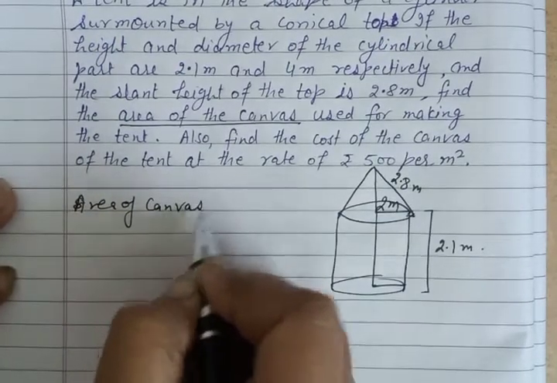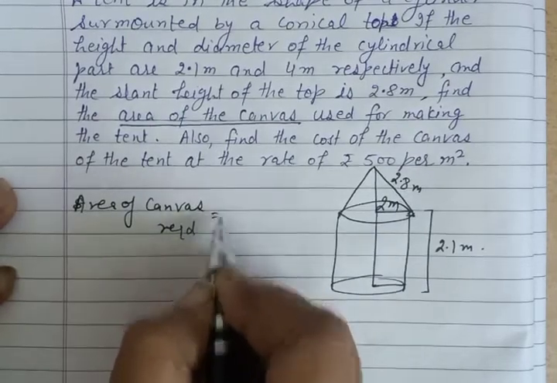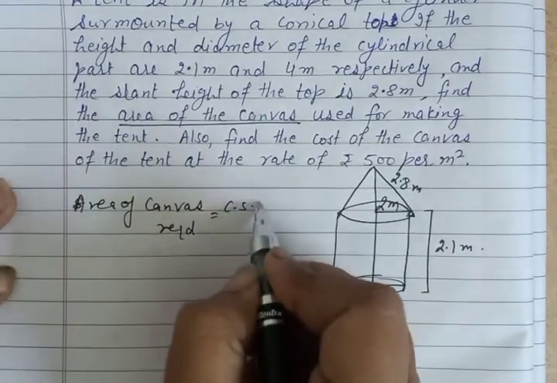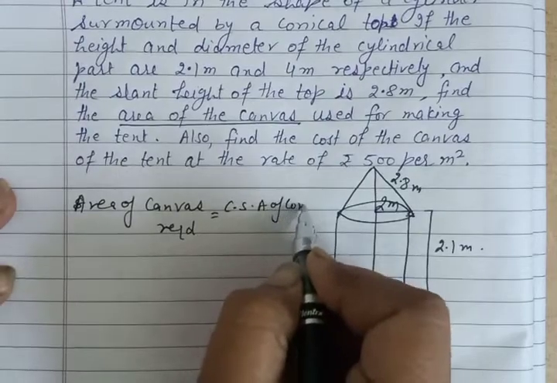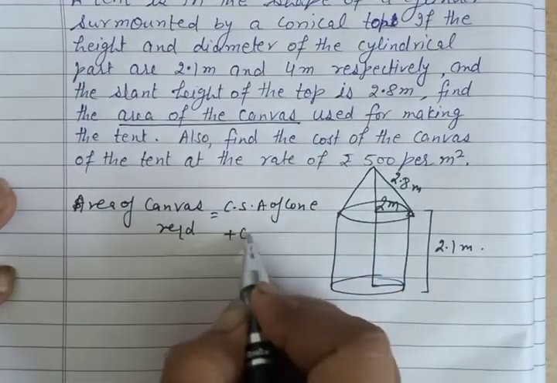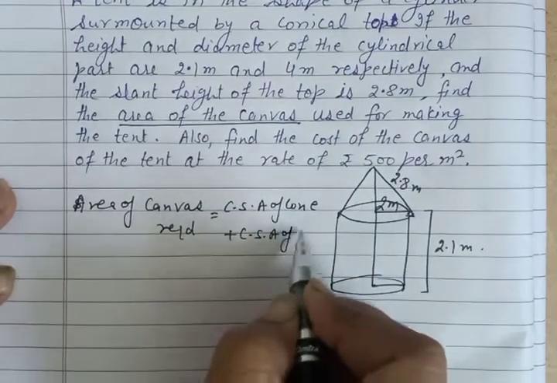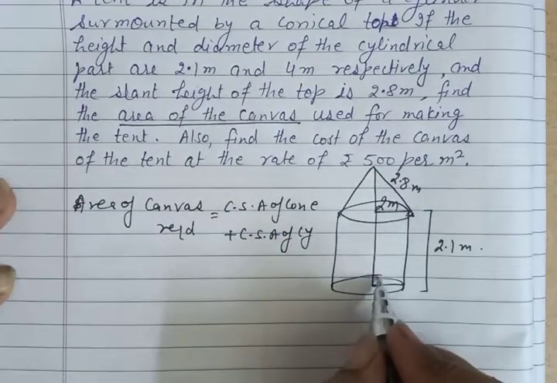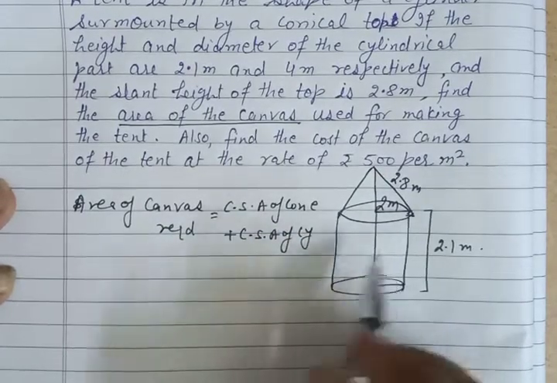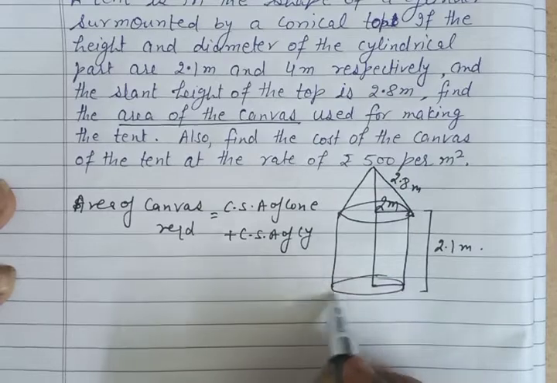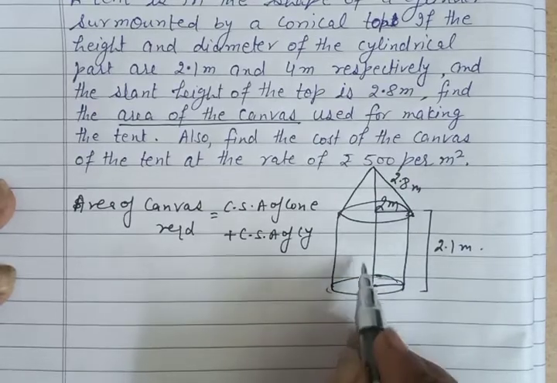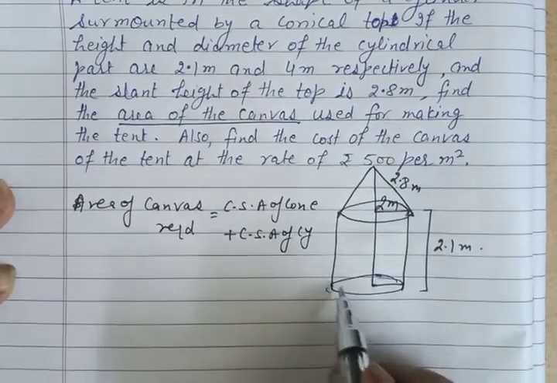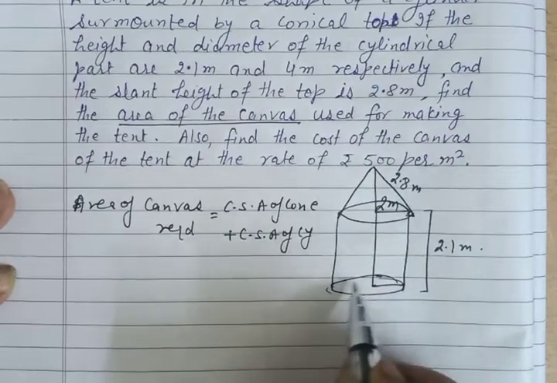Area of canvas required is equal to CSA of cone plus CSA of cylinder. We will not take the area of this base because this is a tent. It should be open, then only we can get inside it and sit.